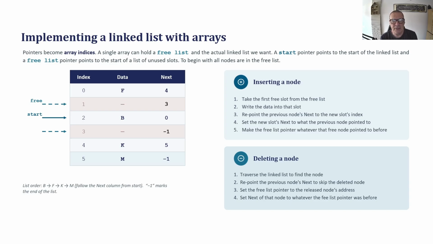Once we start adding data, we're actually going to reuse free nodes and put them into the other linked list, which is in the array, which starts at the location indicated by the start pointer. So now we have two beginnings, if you like. We have the start of the free list, which is the free list pointer, and the start of the actual data list, which is called the start pointer.